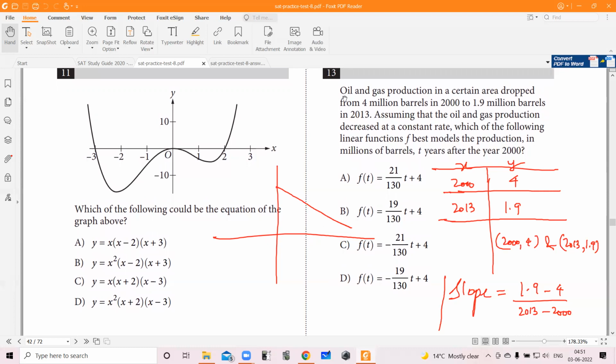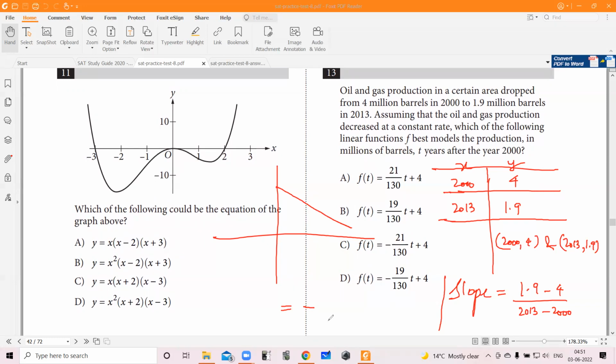How much is 1.9 minus 4? Minus 3.1. Are you sure? No. 3.1 and 1.9 will give you 5.